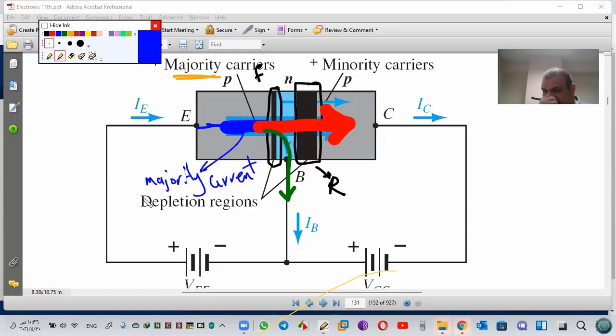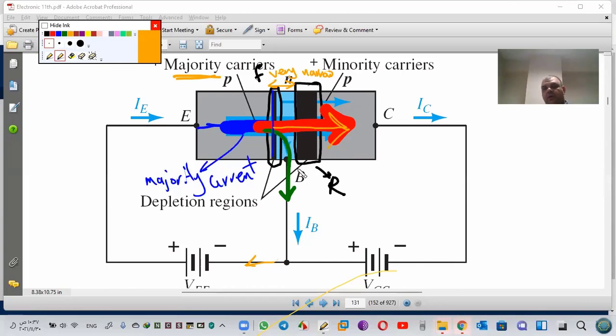So for majority current, it starts from the emitter. Emitter emits carriers, P or N, based on NPN or PNP. Because we have here a very small area, and second, this area is very narrow, a little bit will return back to the B, and the majority will continue to the collector.